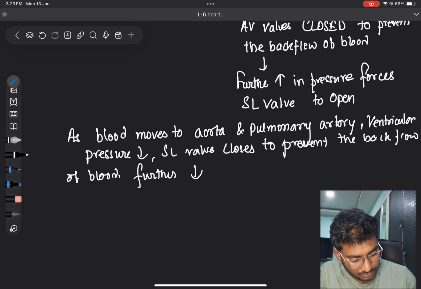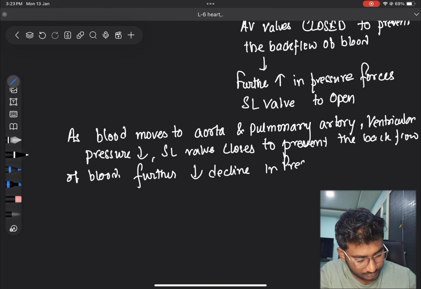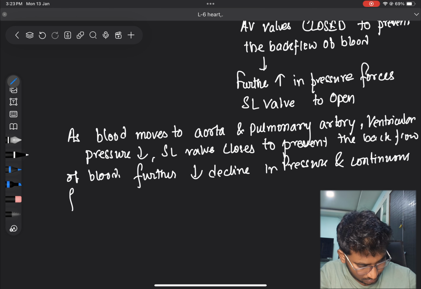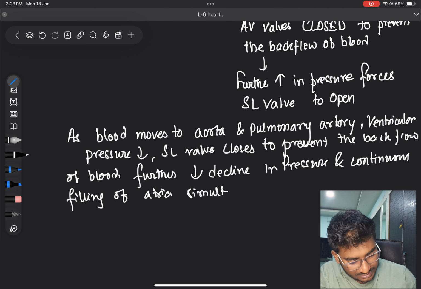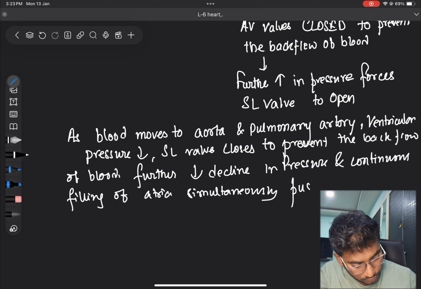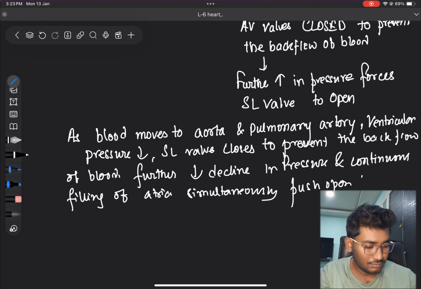Further decline in pressure and continuous filling of atria simultaneously push open the AV valve.